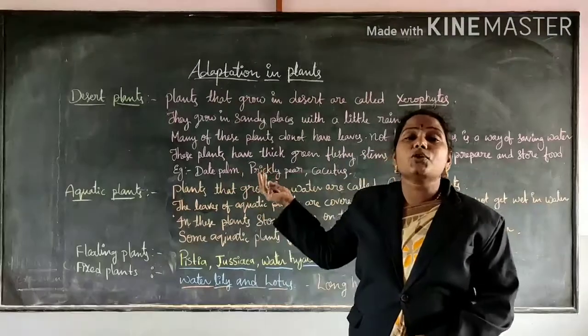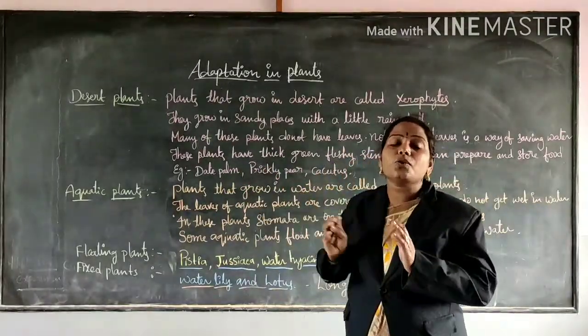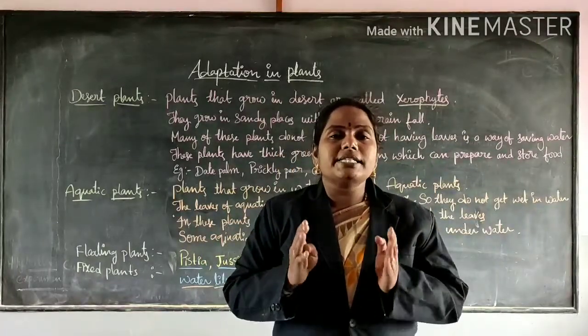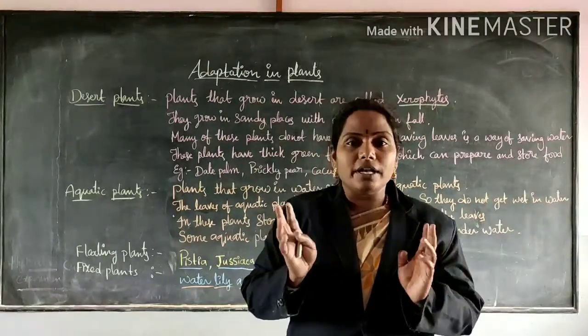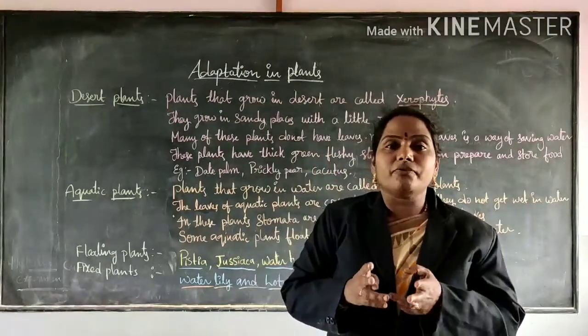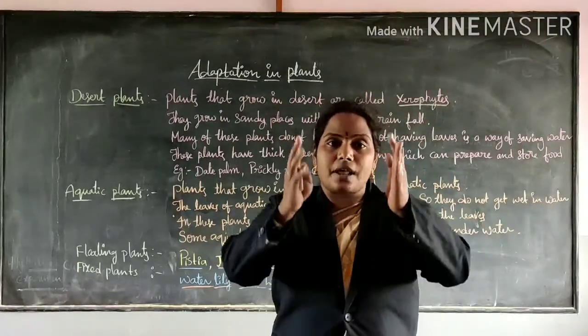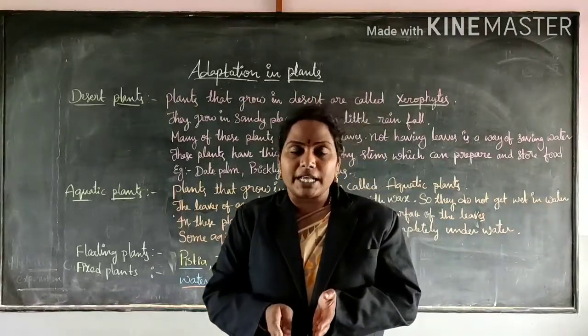Desert plants, xerophytes, have fleshy and green stems and do not have leaves. They prepare their food in the stem, and in that fleshy green stem they store the food materials.